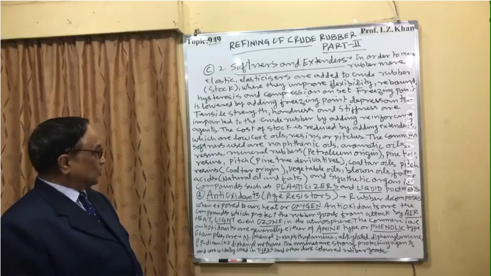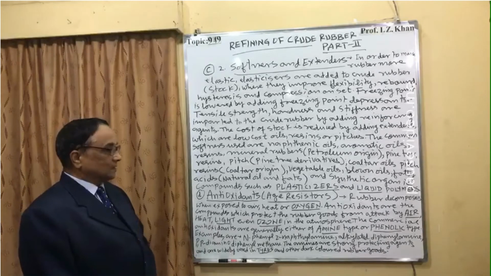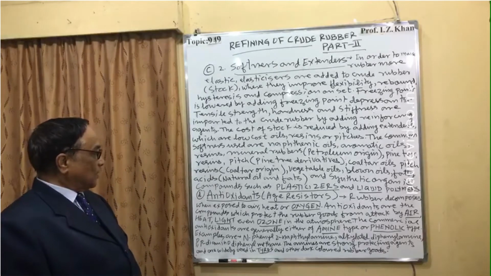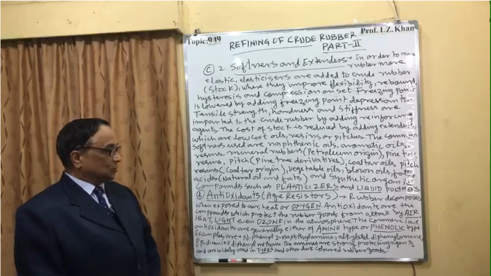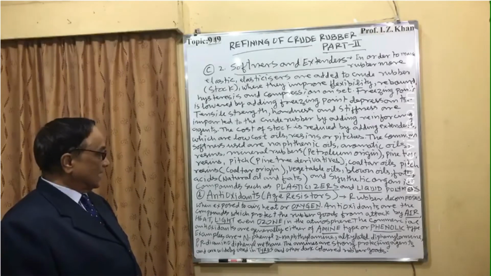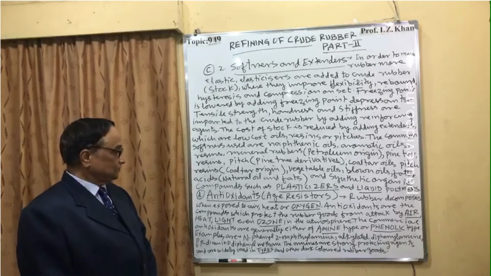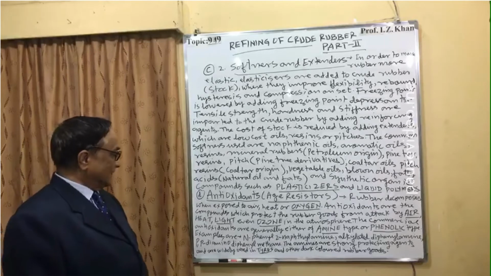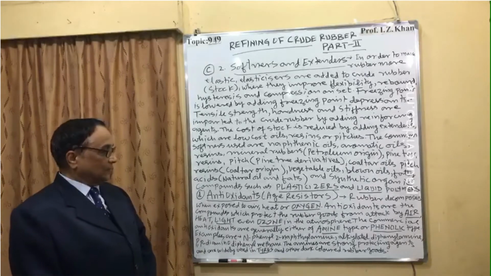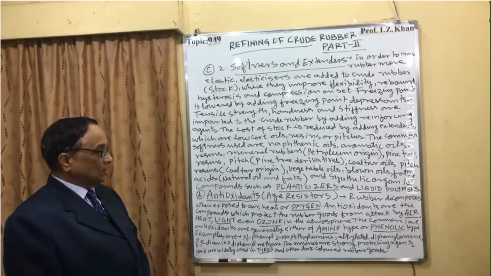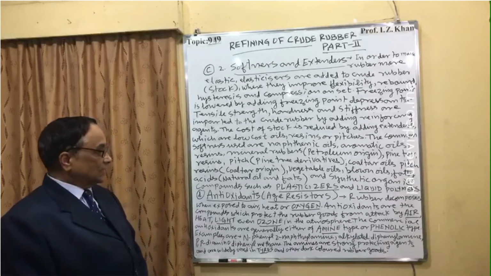The rubber decomposes when exposed to air, heat or oxygen. Antioxidants are the compounds which protect rubber goods from attack by air, heat, light and even ozone in the atmosphere. The commercial antioxidants are generally either of the amine type, that is amino derivatives, or the phenolic type, meaning phenolic derivatives.